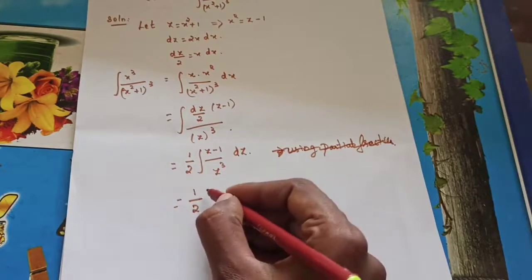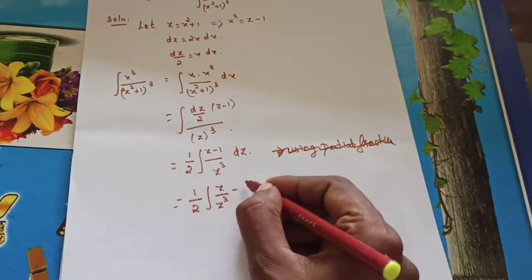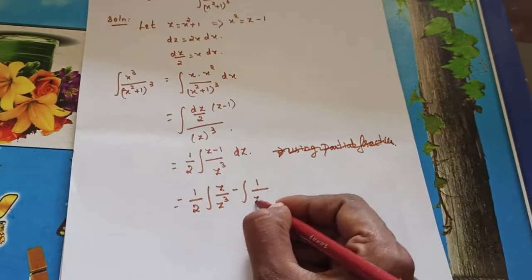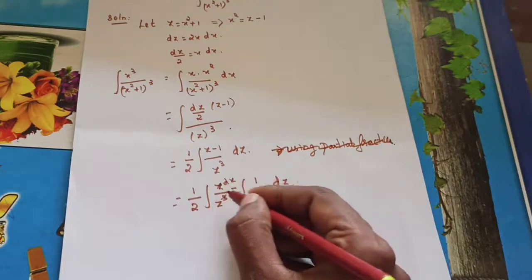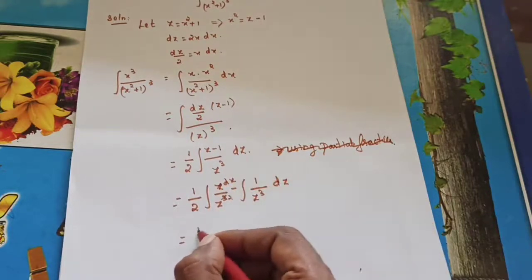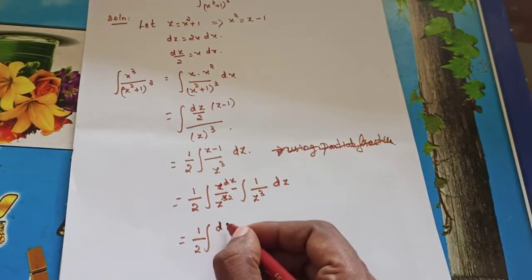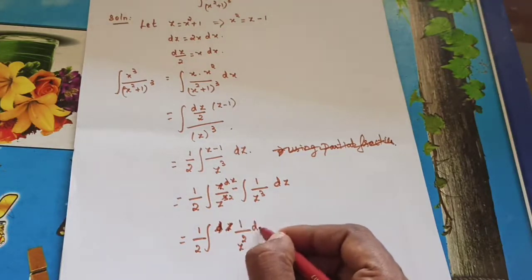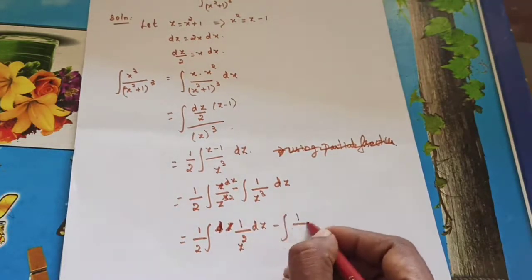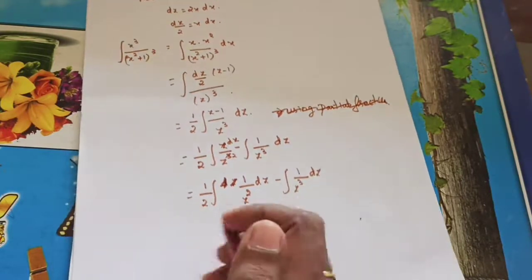So 1 by 2 into, shall we split as z by z cube minus integral of 1 by z cube dz, here also dz. So this and this will get cancelled. So what's the balance? 1 by 2 into integral of 1 by z square dz minus 1 by z cube dz. I have not used partial fraction, I just split it.